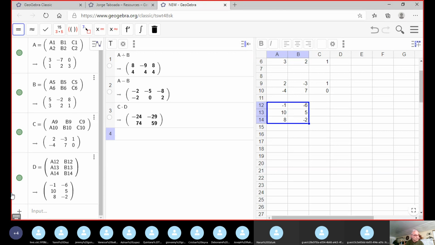Any question? I promise after that, we are doing a couple more examples of multiplication. Any question? No. Everything okay? Looks good for now.